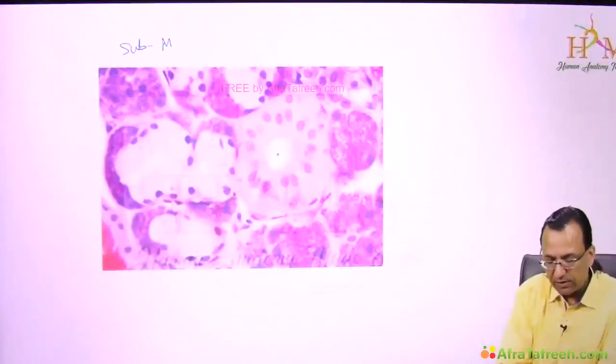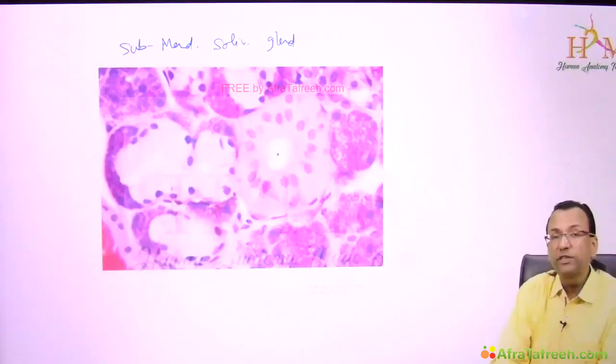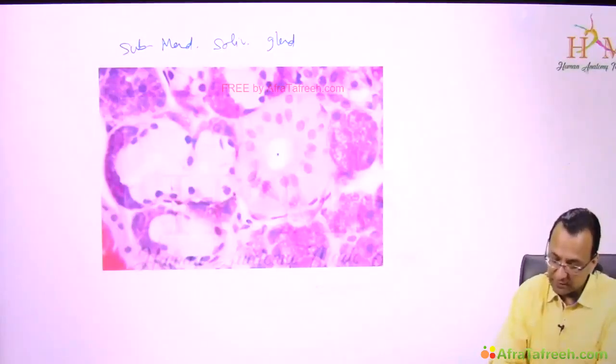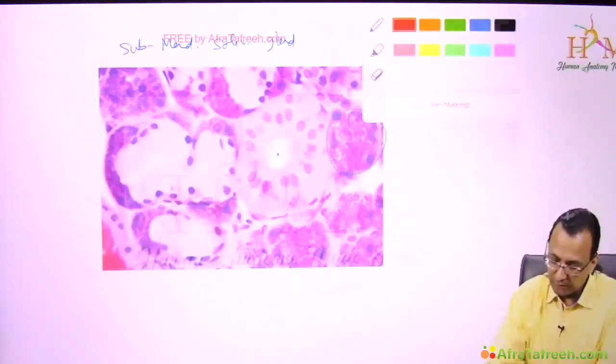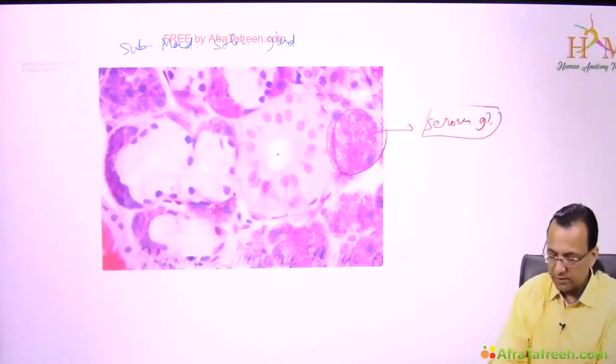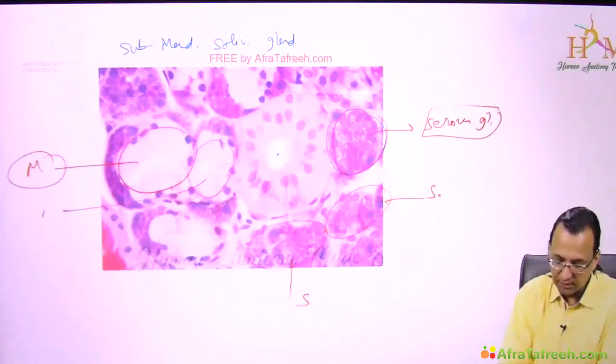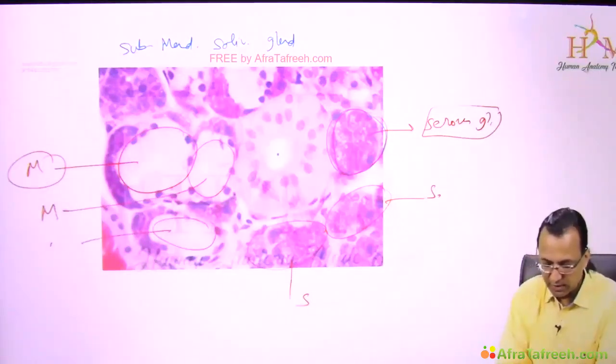But at this moment, I am looking at submandibular salivary gland. So if this is a submandibular salivary gland, that means it is seromucinous? Yes, because I see this is a serous gland. This is another serous gland. But then this is a mucinous gland.